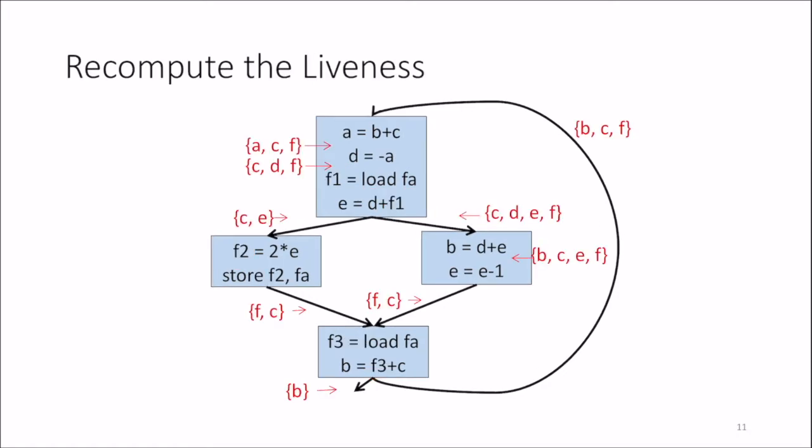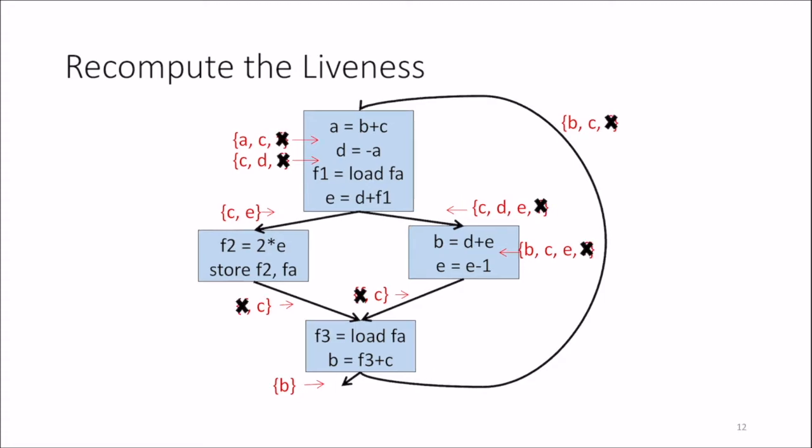Now, if you saw the liveness analysis from before, you can see that F occurs quite a fair bit in all of these different places. It needs to be carried around quite a bit. And now, as a result of spilling it, what we can do is get rid of F as a dependency.